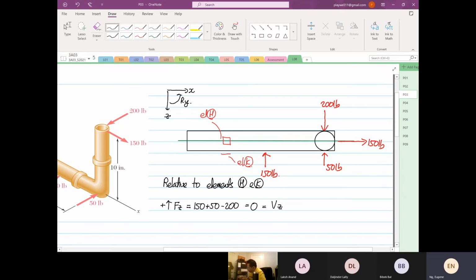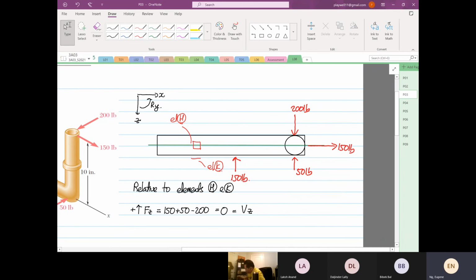So how do we identify whether it's a shear or not? Only the 150 is axial, because it's acting along the neutral axis. So I'll write this down.